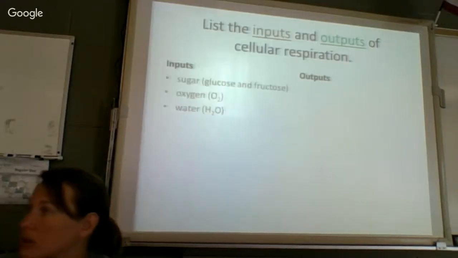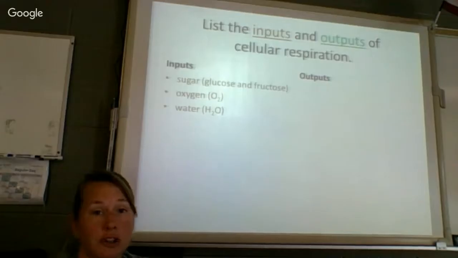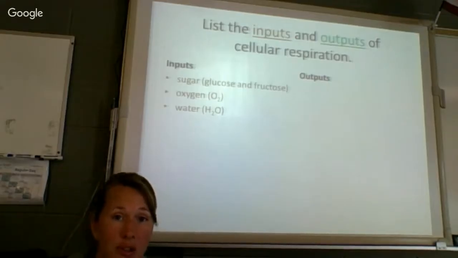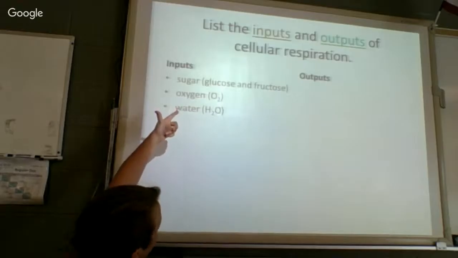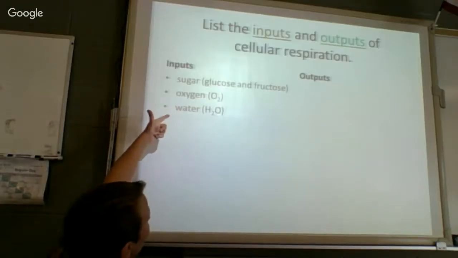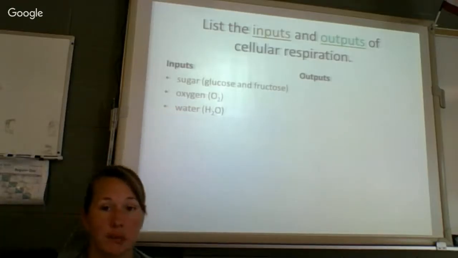So inputs of cellular respiration are exactly the outputs of photosynthesis. So what did we get from photosynthesis? We got sugar in the form of glucose and fructose, we got oxygen, and we got water. Easy peasy.